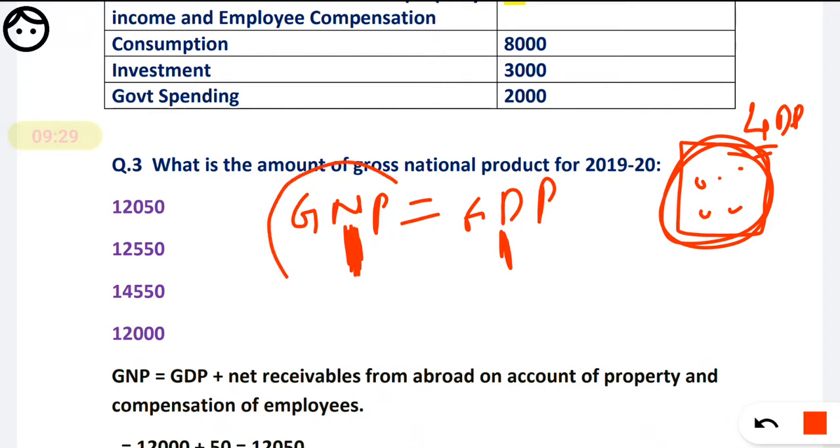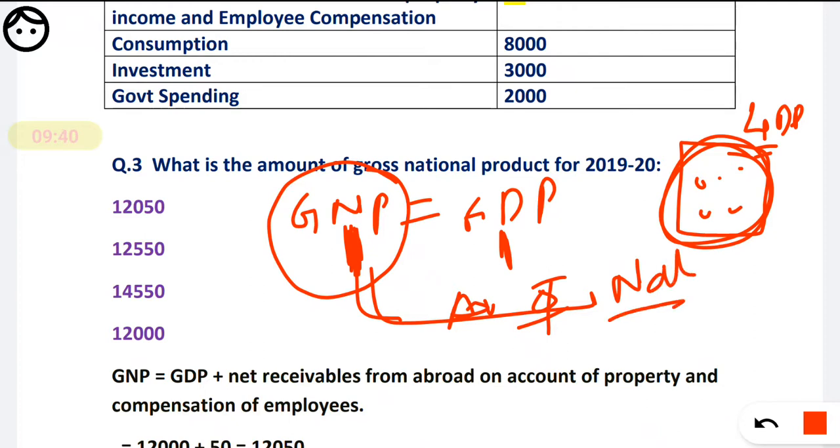And in a GNP, nationality is important. That means all the persons who are Indian, we don't care where they are staying. If they are Indians and they are producing or earning something, we will count it in the GNP.